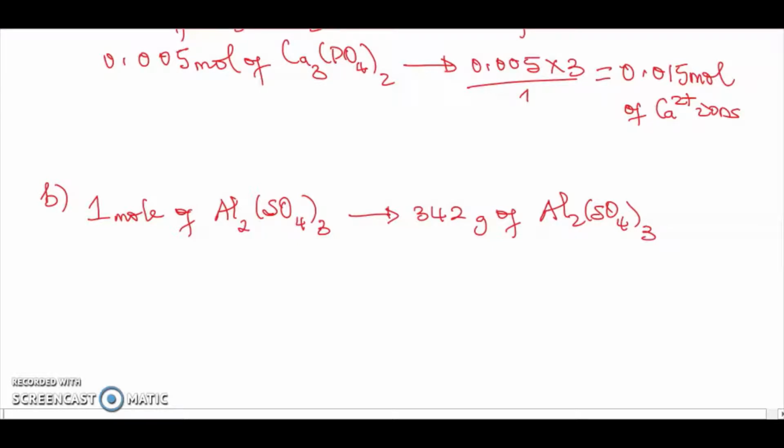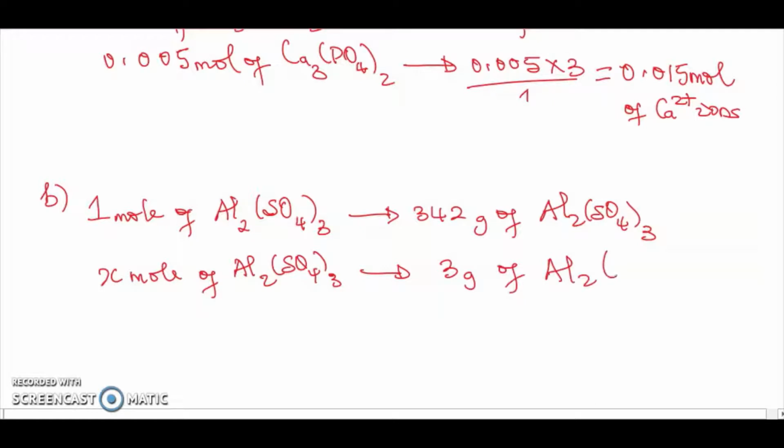So if that be the case, X mole of aluminum sulfate contains 3 grams of aluminum sulfate.